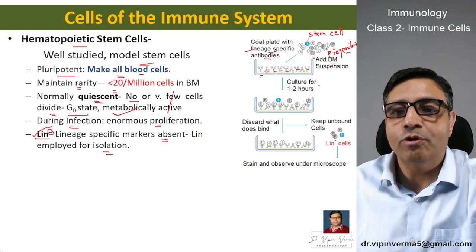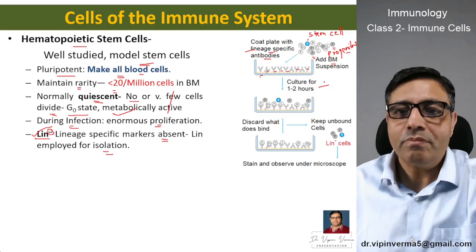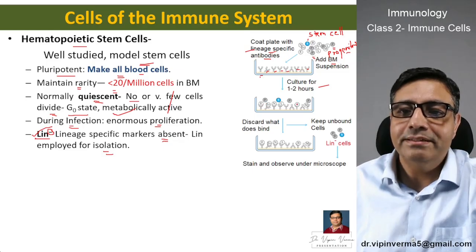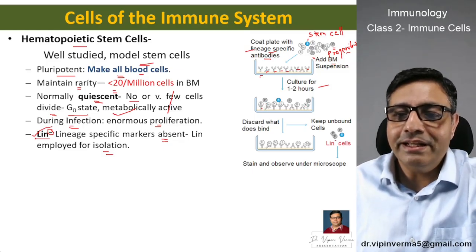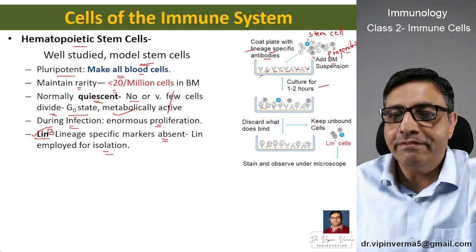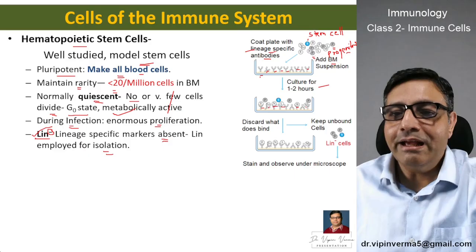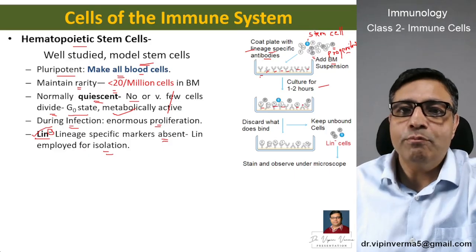We will culture for 1 or 2 hours. All the cells which have the antibodies here, they will catch and they will bind. So you can see here that we have eosinophils, right? Then we have neutrophils, then we have lymphocytes, then we have the B cells, then we have the macrophages. Okay, these cells have already been bound to the antibodies.